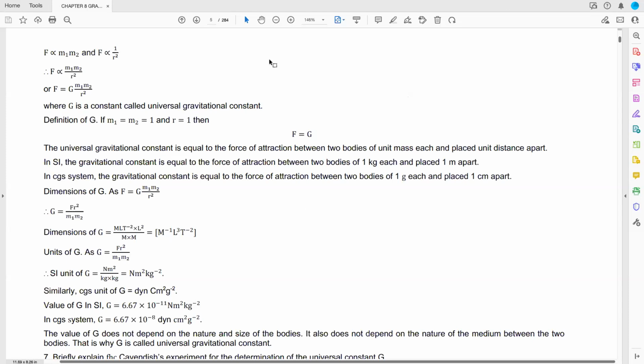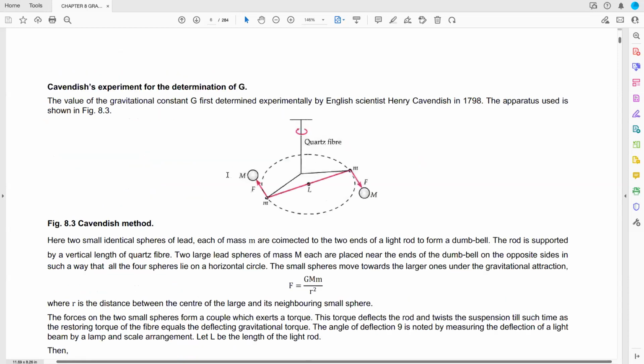Yes. Okay. What is going to be the dimensional formula of it?